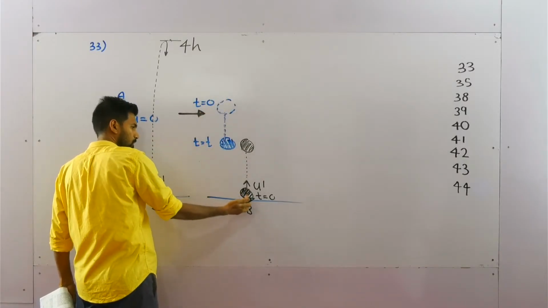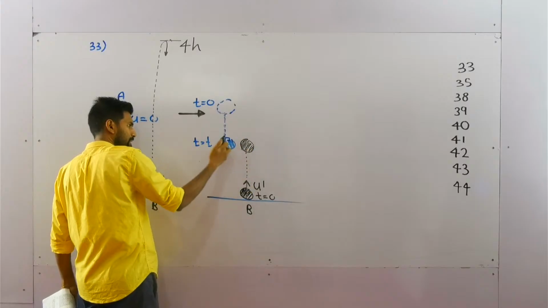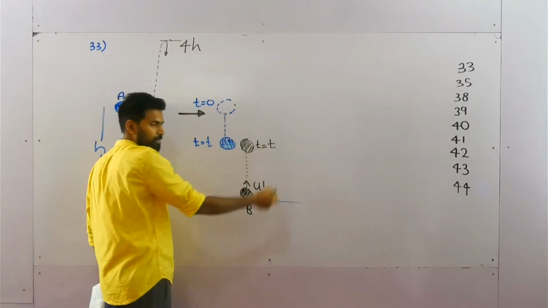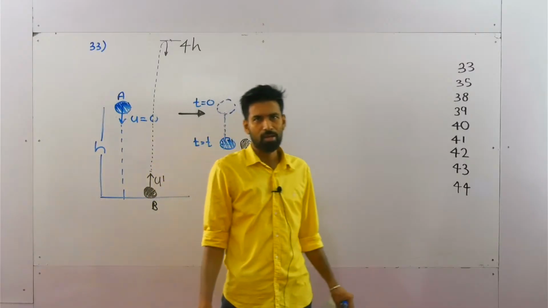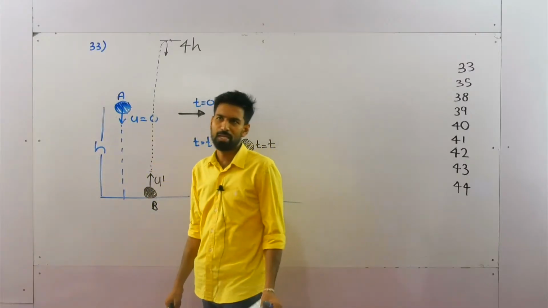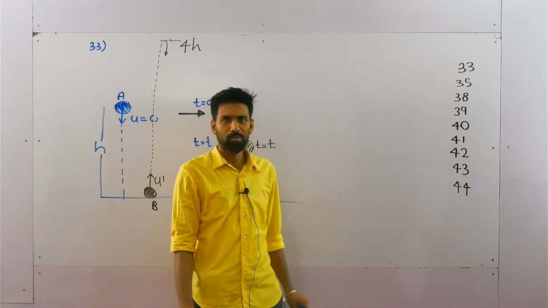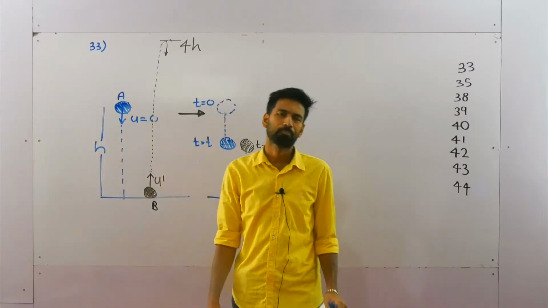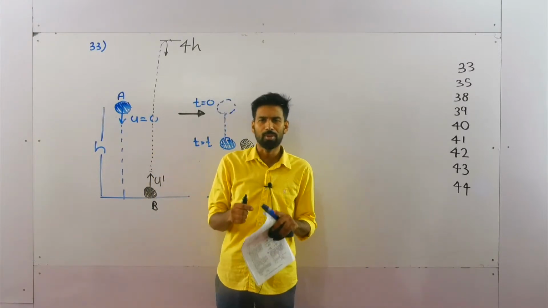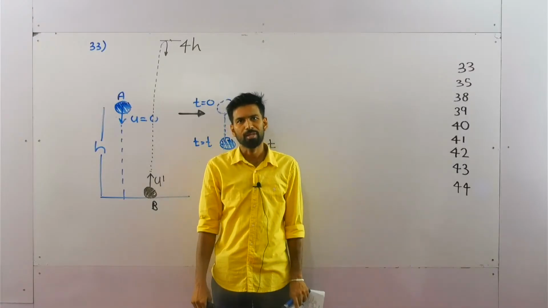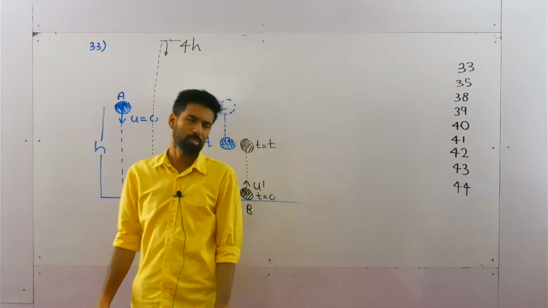And from the ground, B is coming upward and it will come to the same level at time t, as both of them started simultaneously. So when they are crossing each other, the time spent by each stone is the same.